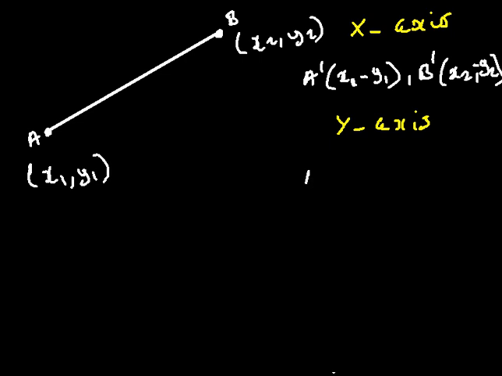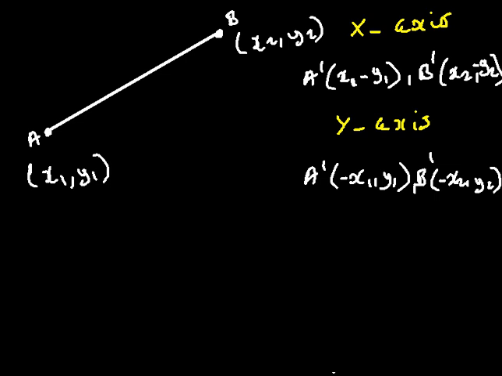now corresponds to having point A with the coordinates negative x1 comma y1, and point B with the coordinates negative x2 comma y2. We'll have it as that.